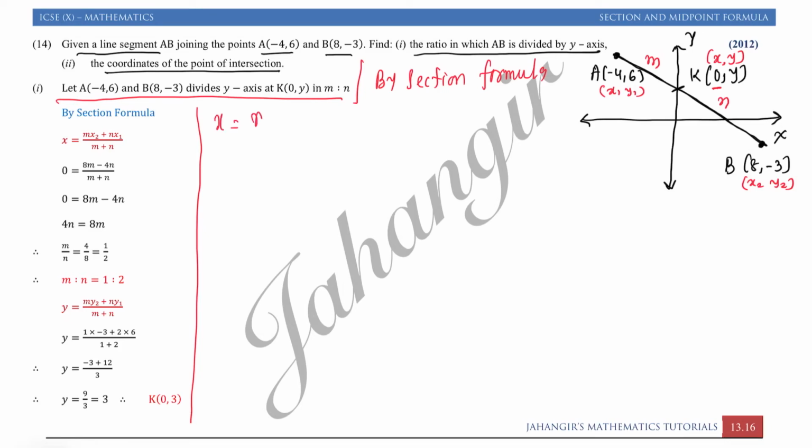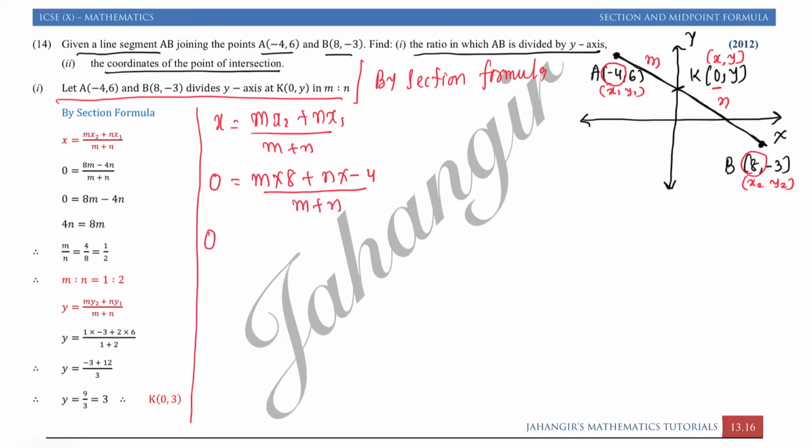So we can use x is equal to (m x2 plus n x1) upon (m plus n). The x value is 0, that is equal to m into x2, which is 8, plus n into x1, which I can see is minus 4, upon m plus n.